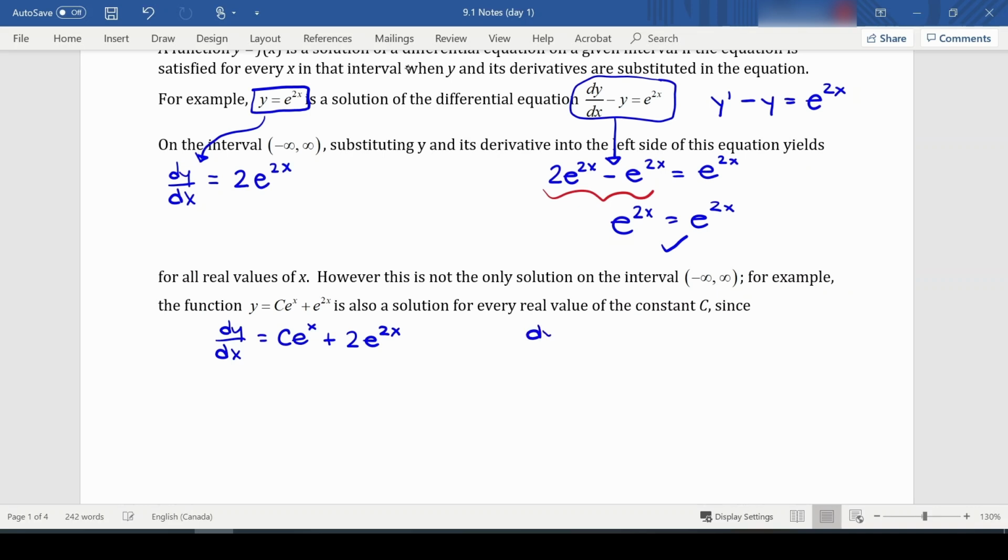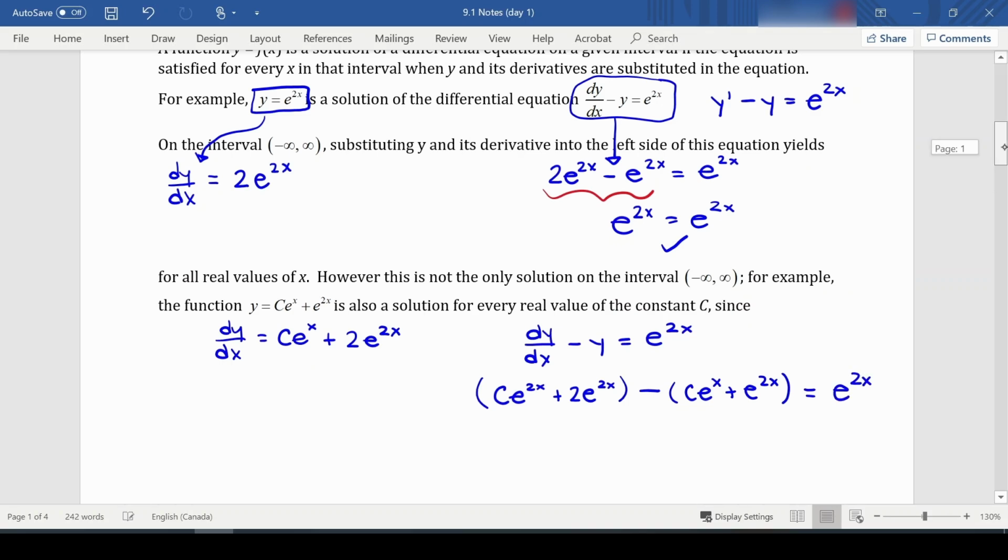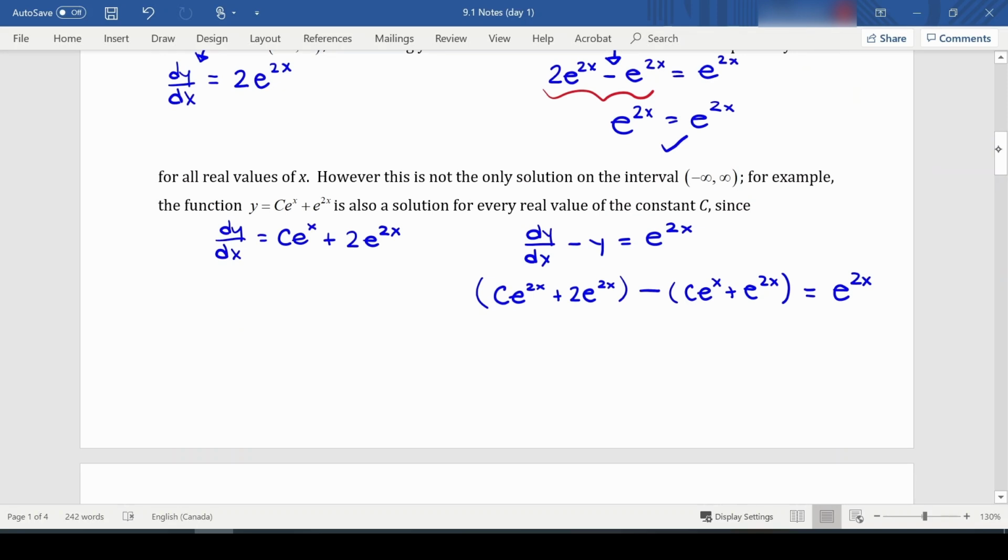If we try plugging that in, we had dy/dx minus y is supposed to equal e to the 2x. dy/dx here was c e to the x plus 2e to the 2x minus y. y is c e to the x plus e to the 2x, and this should equal e to the 2x. So we've plugged dy/dx and y into the left-hand side.